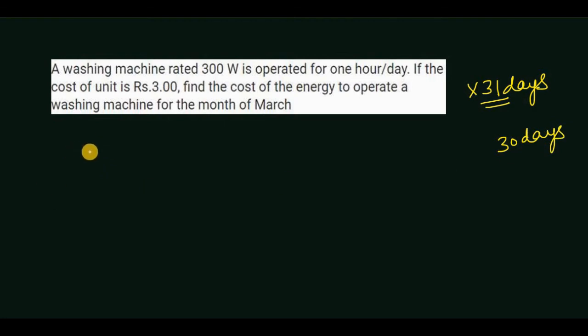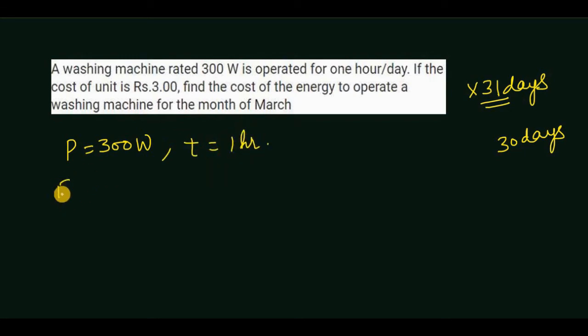A washing machine rated, the power is given 300 watt, and it is used for 1 hour per day, so the time is 1 hour.